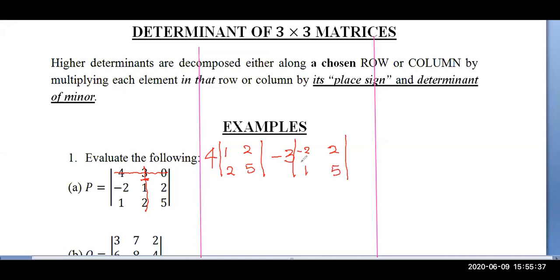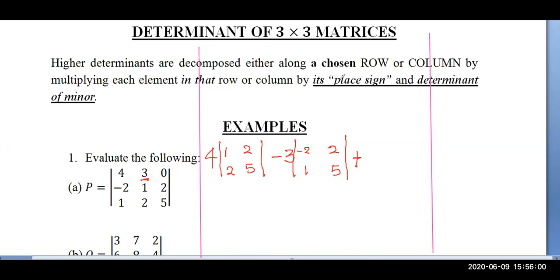Then plus, the place value for the next element along the row, which is 0 there. The place sign for 0 is positive, because the place signs are positive, negative, positive. So you're going to give me plus 0, then of course multiplied by the matrix of minor of the element 0.